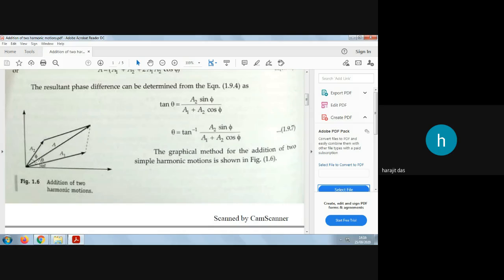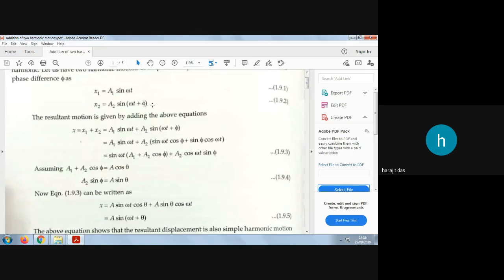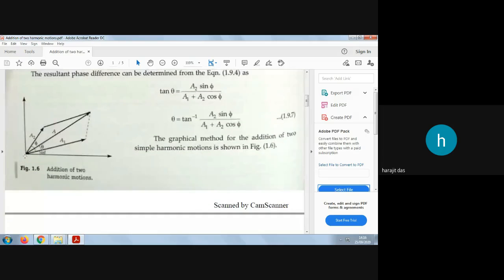Now the angle of a2 is given, it is omega t plus phi. Let us consider a little bit bigger angle, so this much is phi. Here it will be your a2 vector. It is assumed that a2 is less than a1.